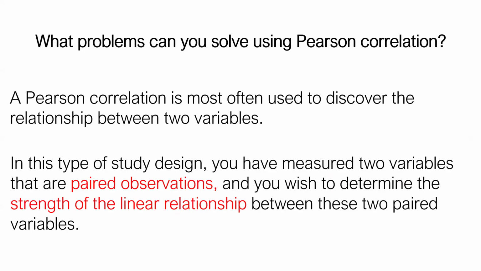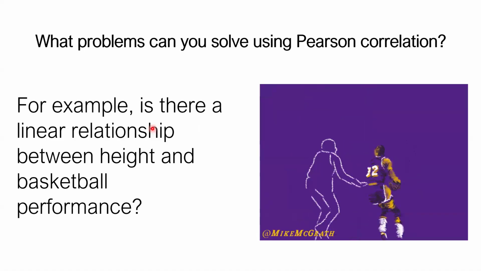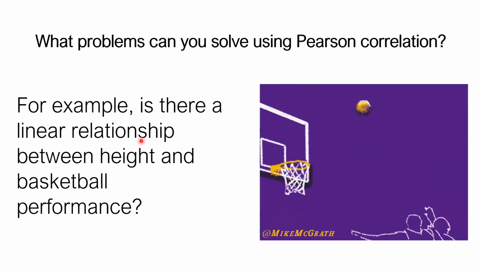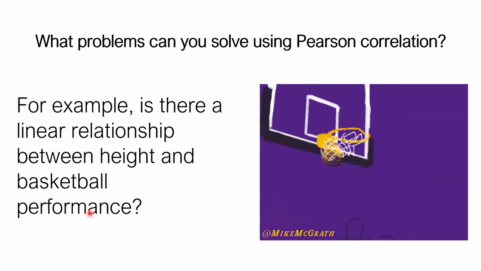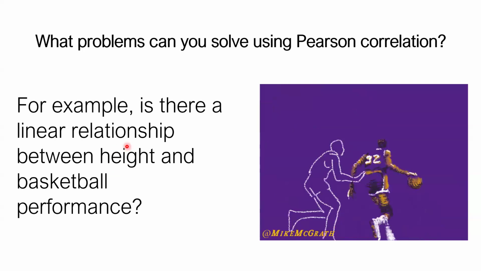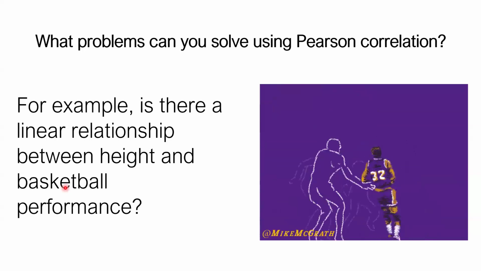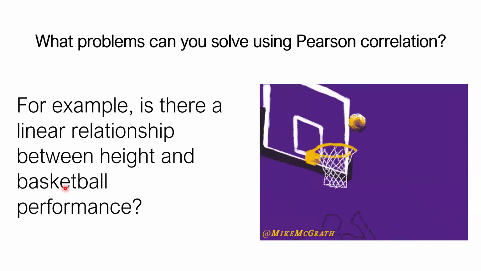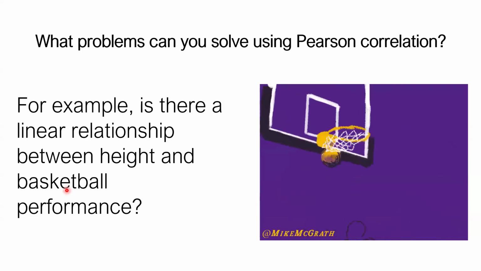For example, you would want to find out if there is a linear relationship between height and basketball performance. So each individual, you are going to measure their height and their corresponding basketball performance. So we have paired observations, meaning they have two values for each of the individuals in the sample.